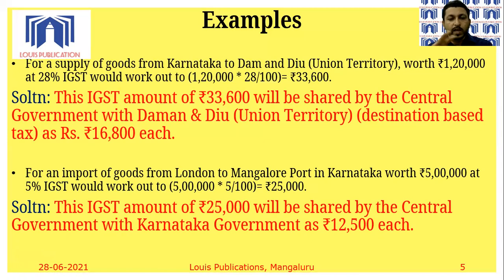Since we have this federal structure, India has adopted the dual structure format of GST, where revenue will be shared between two parties. One party is the central government, and the second party is either the state government or the union territory, depending upon what kind of transaction we are talking about.